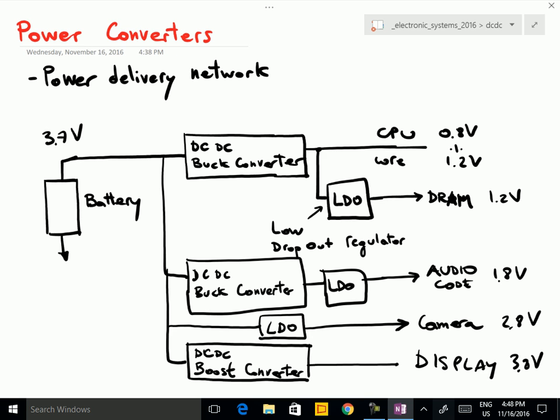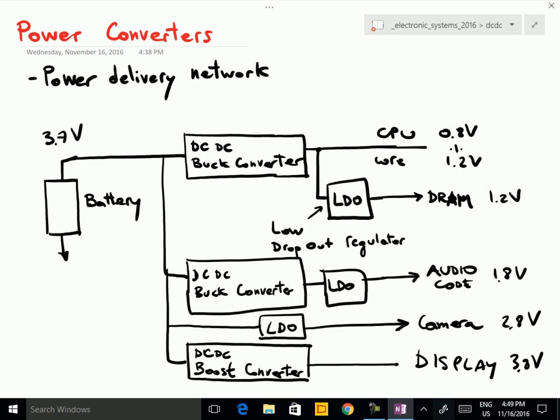So for example, if I switch off the camera, I also switch off the regulator, and therefore this whole track does not consume any power anymore. Okay. Now, typically, what happens in a modern smartphone is that all these DC-DC converters, the buck converters, the boost converters, and also the LDOs, are all together in a single chip, which is called a PMIC, a Power Management IC.